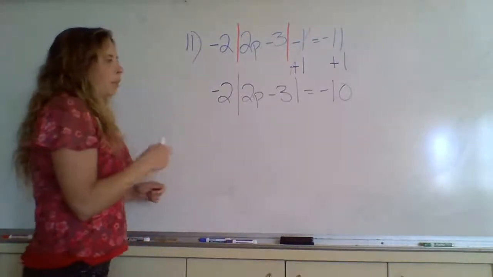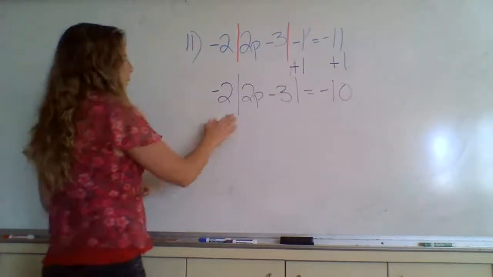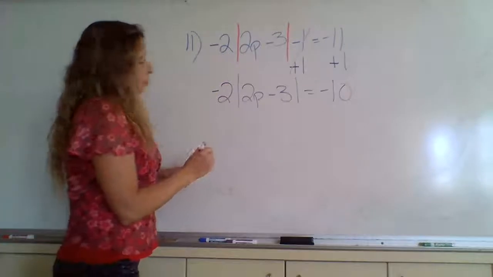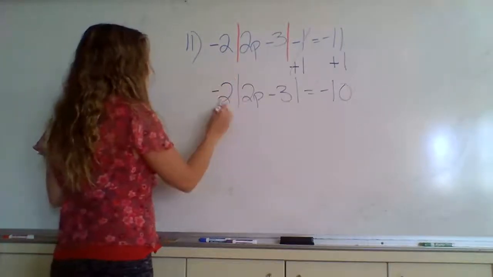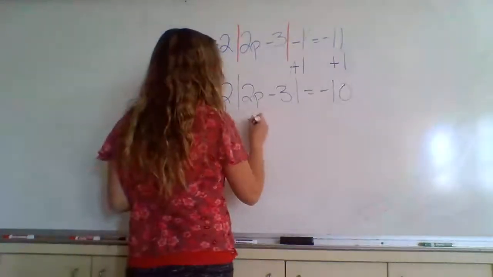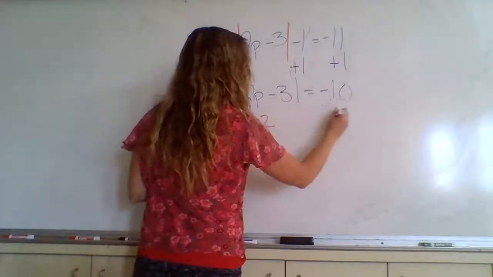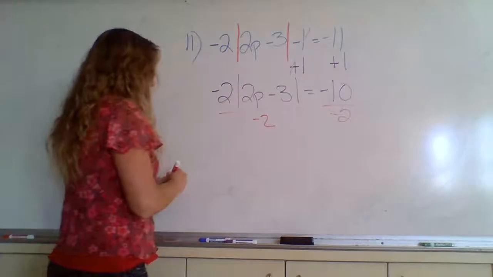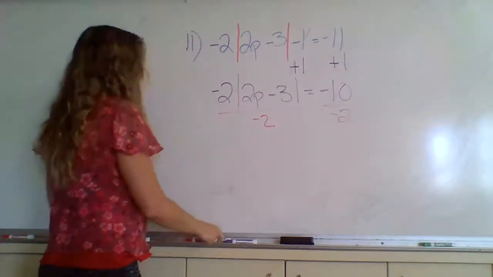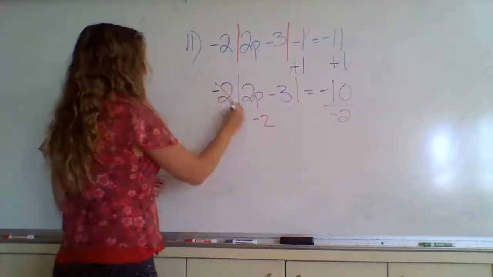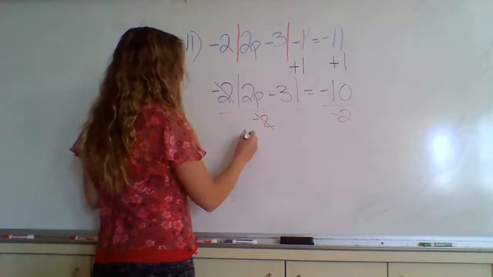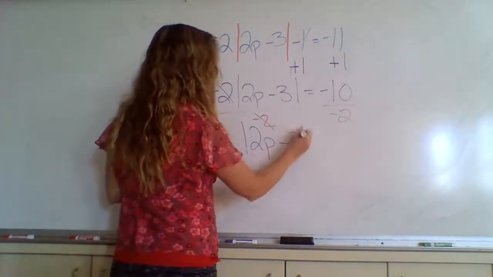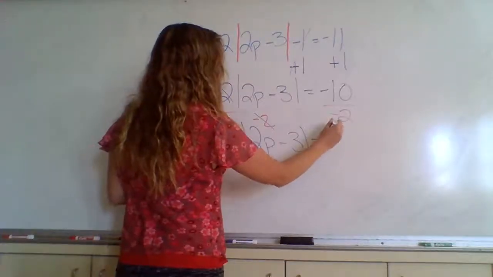Then we saw one similar to this earlier. Now what do you do to isolate the absolute value? You need to get rid of this negative 2. So we're going to divide by negative 2. So these cancel each other out. You're left with the absolute value of 2p minus 3 equals positive 5.